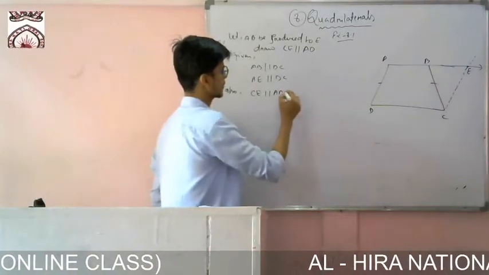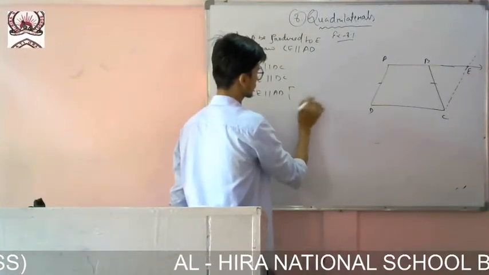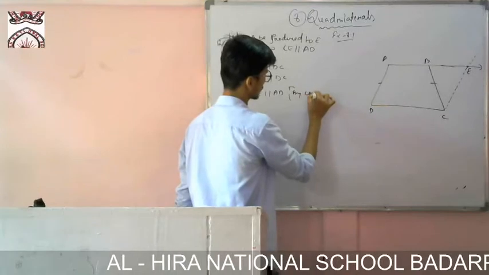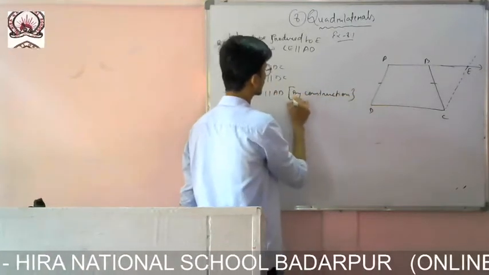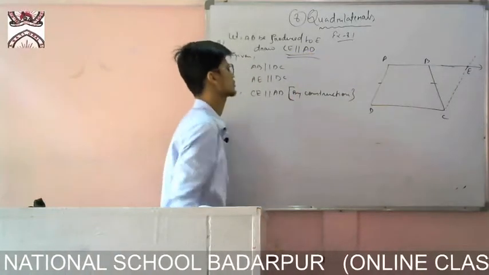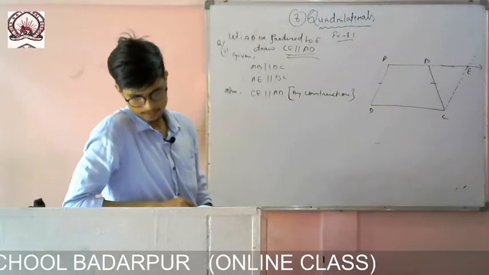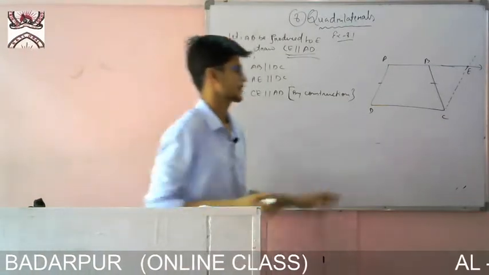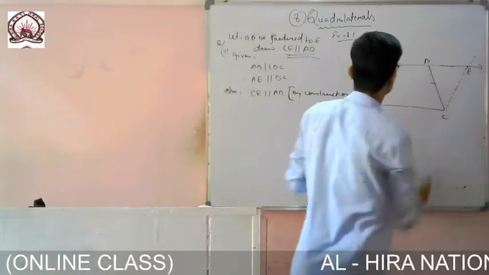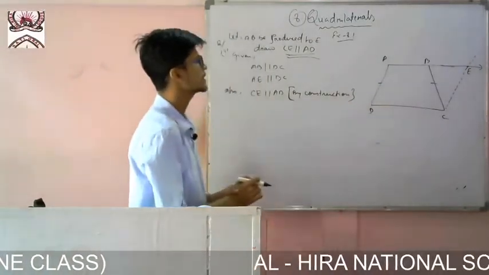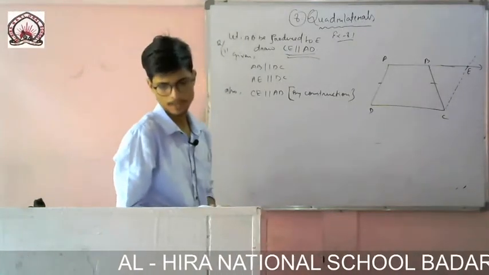There you can write construction: by construction, CE is parallel to AD. If in a quadrilateral these two lines are parallel and these two lines are parallel to each other, that means AECD is a parallelogram.